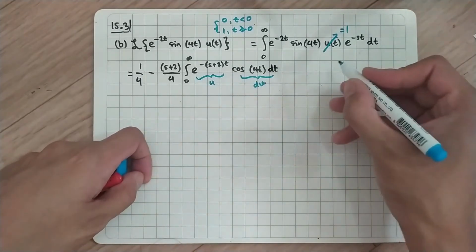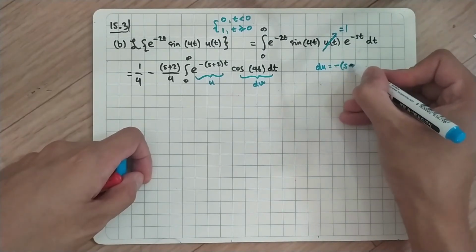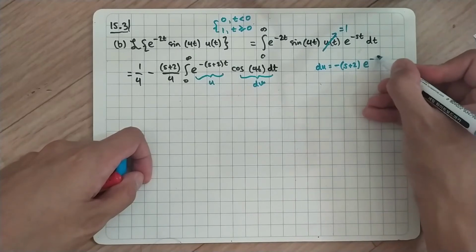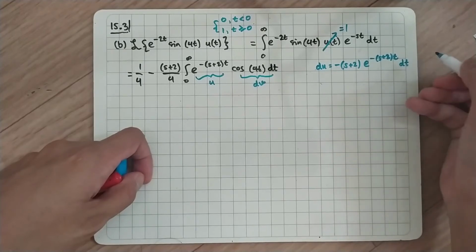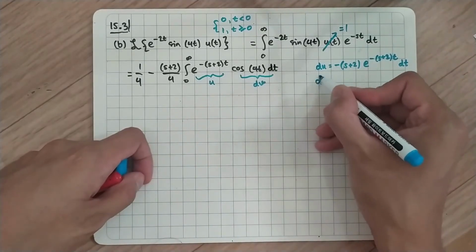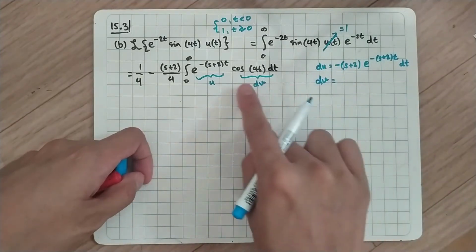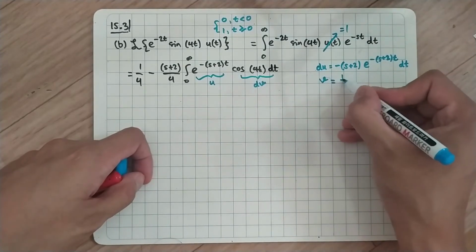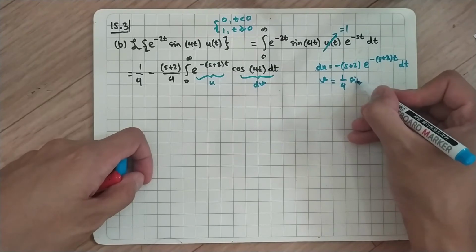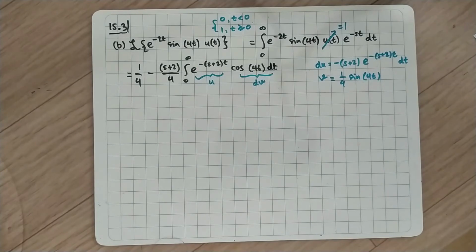Our du will be minus (s plus 2) e to the minus (s plus 2)t dt, and then our dv is cosine 4t, so v is its integral, which is 1/4 sine 4t. Okay, I think that's all, and let's plug all of this into the integration by parts formula.